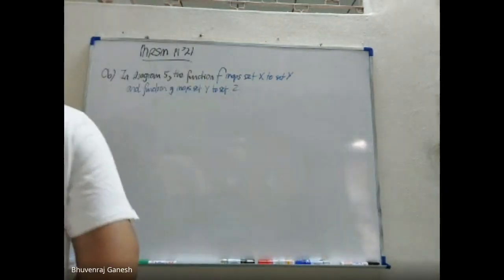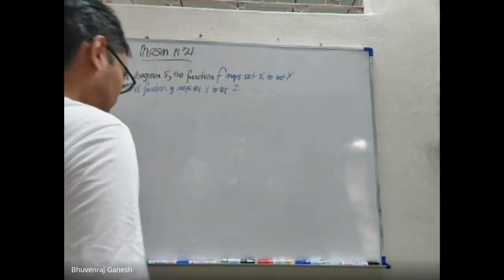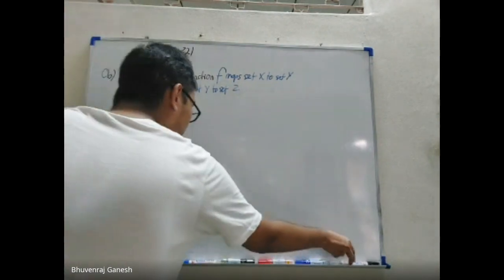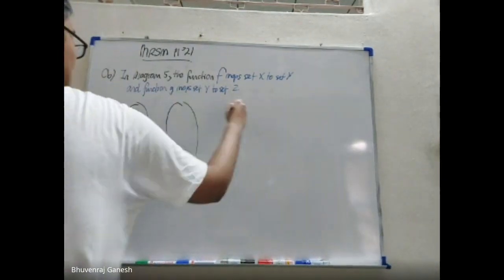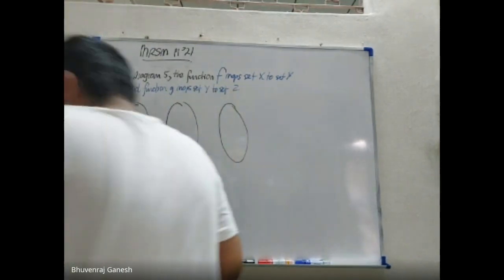So they gave you the arrow diagram here. The arrow diagram is like this.